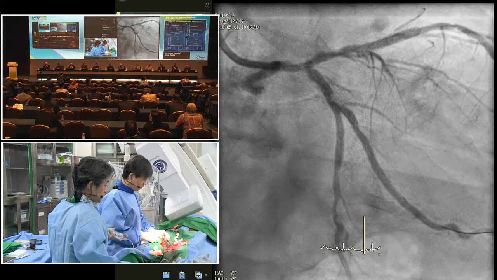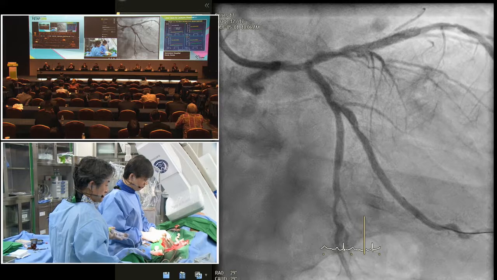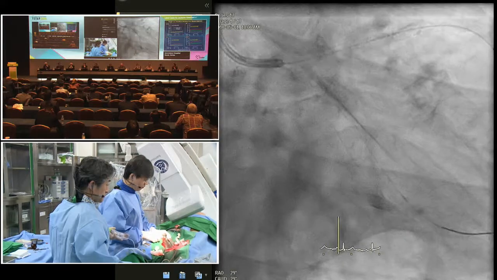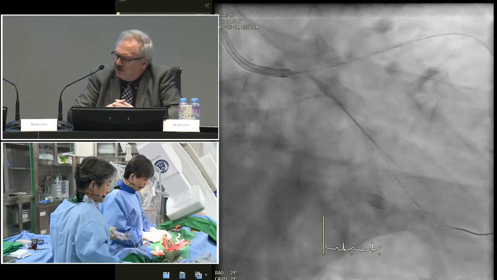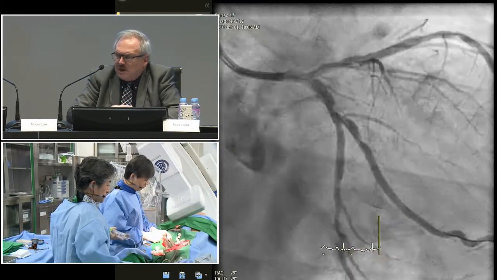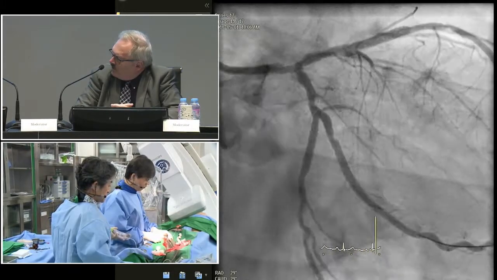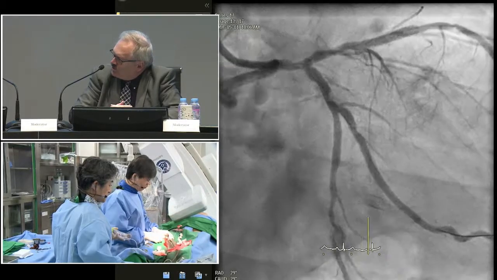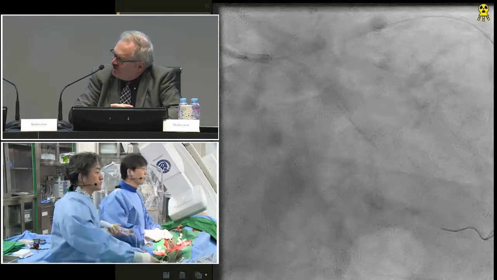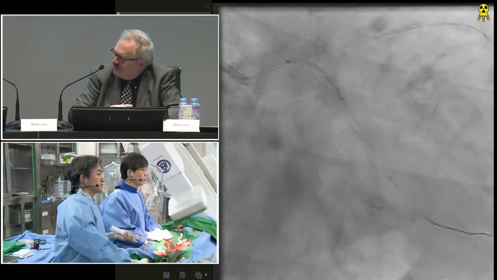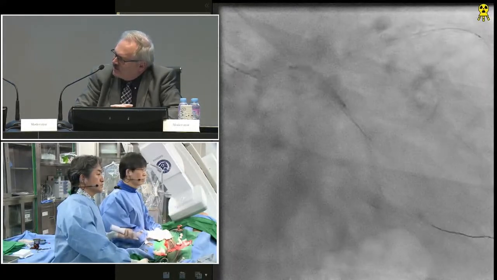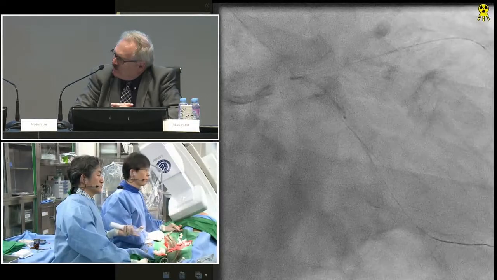In a patient with kidney function which is not optimal, not to say suboptimal, I've recently been impressed by people using the dynamic roadmapping of Volcano to do a lot of procedures without injecting contrast. When you get used to it, certainly you can place a lot of stents without making injections.